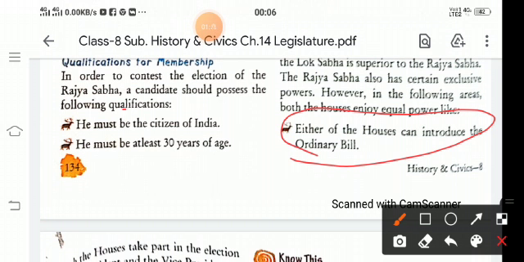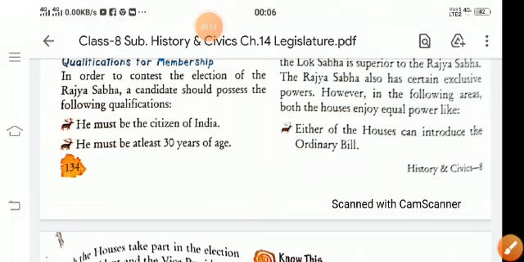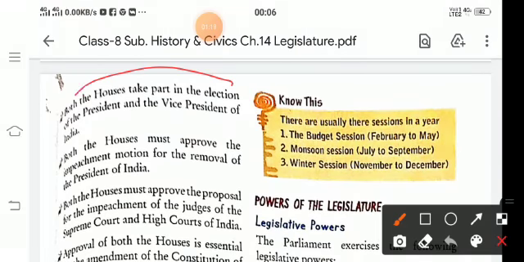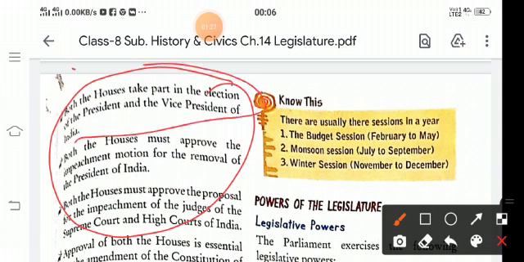Any one of the houses can introduce it. And another thing is that both the houses take part in the election of the president and vice president. The vice president and president can be elected by both the houses.